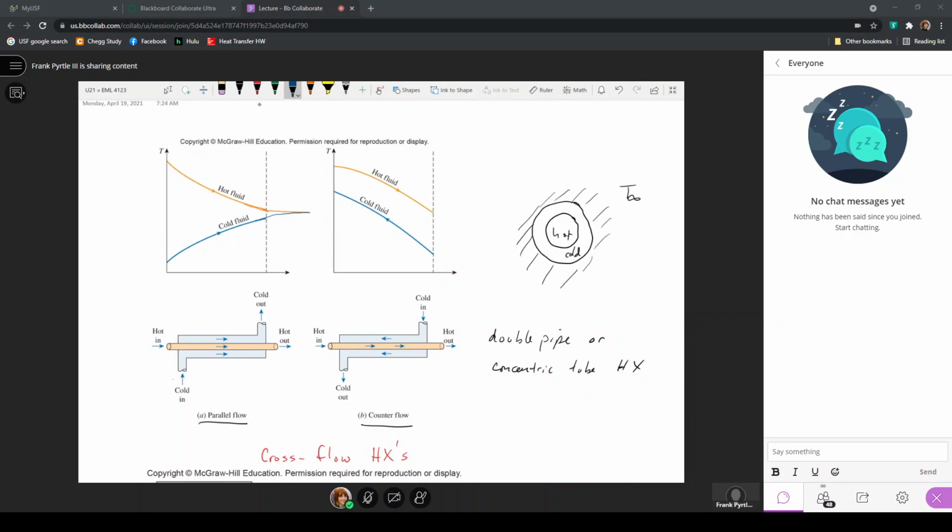But this would be a logarithmic expression for the temperature variation here. The same for the cold fluid.